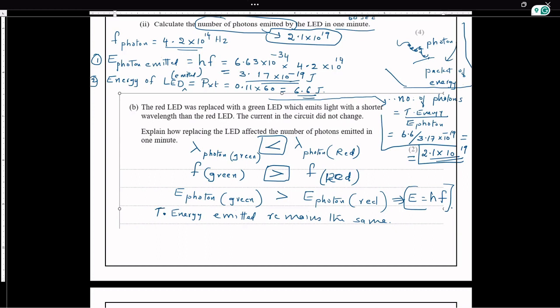So the number of photons emitted per minute decreases. So for the green LED, the photons have greater energy, but the total energy remains the same. Since they have more energy than the red LED light, the number of photons emitted per minute decreases.